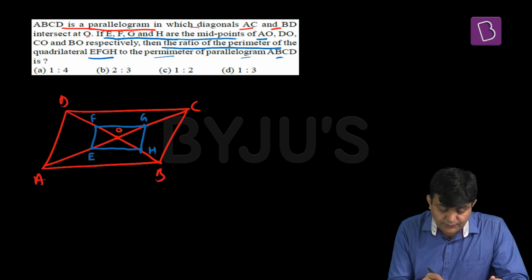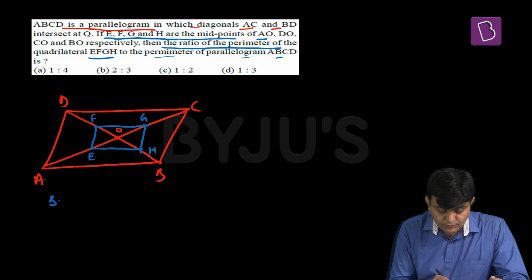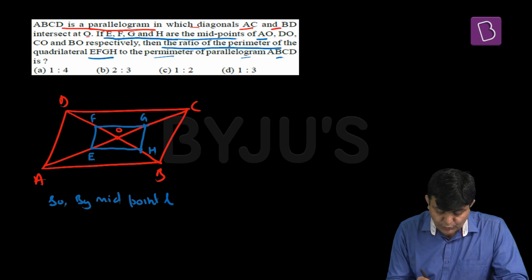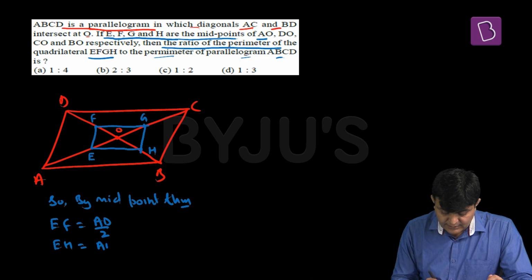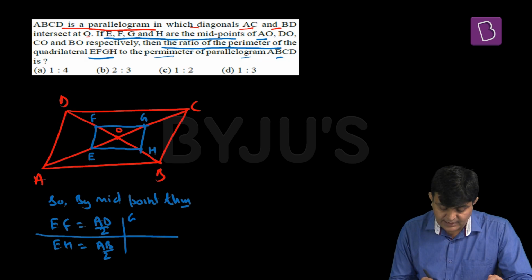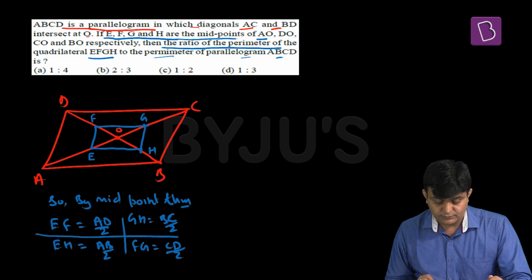Because E, F, G, H are midpoints, by the midpoint theorem, EH is AB by 2 and GH is BC by 2 and FG is CD by 2, right?